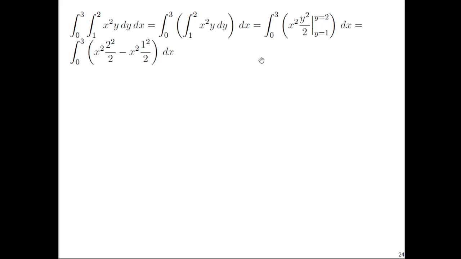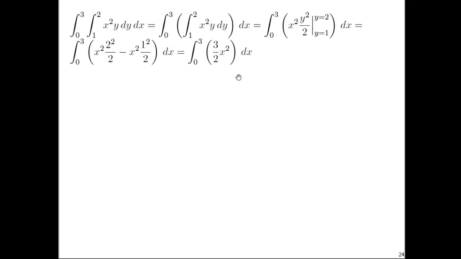So we're looking at x squared, y squared over 2, plugging in y is 2, and then x squared, y squared over 2, plugging in y is 1. Subtract. Now this looks a little messy, so before we do any integration, we'll just clean this up. 4 halves minus 1 half is 3 halves x squared.